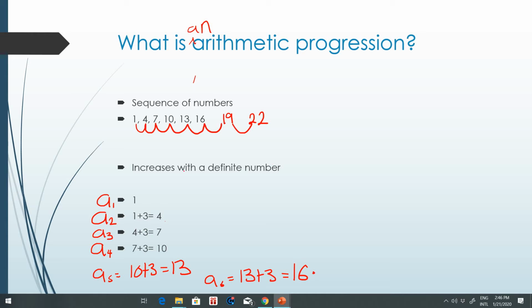So we can see A1 plus 3 gives us A2, A2 plus 3 gives us A3, and so on. So we can say A1 plus that definite number.